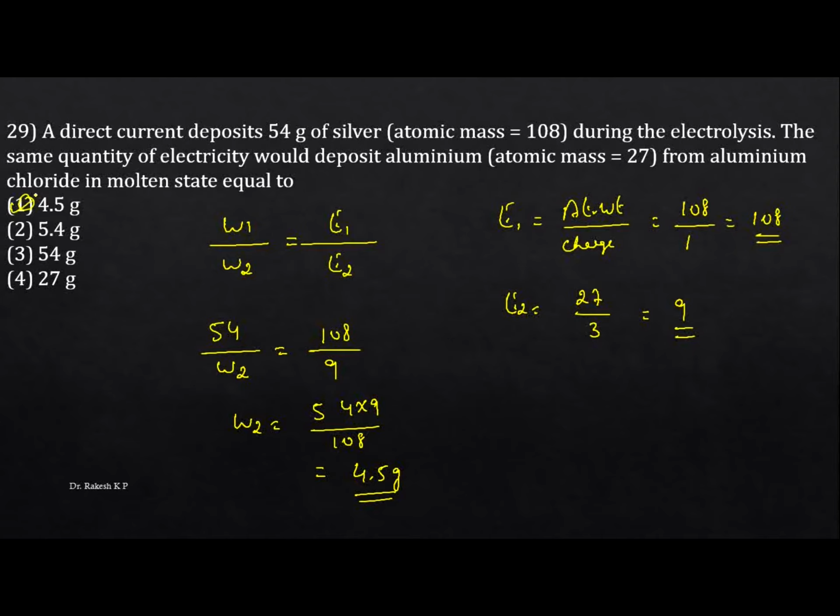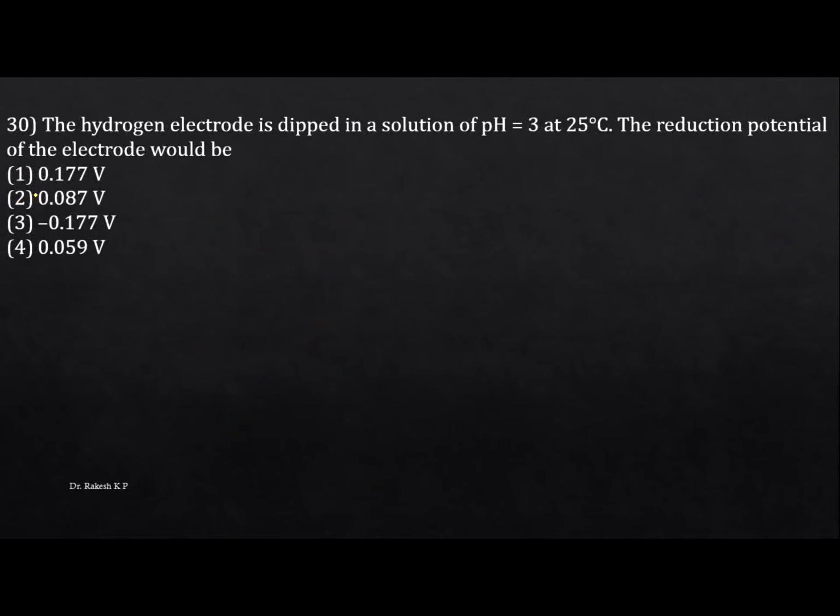Okay, so next question. The hydrogen electrode is dipped in a solution of pH equal to 3 at 25 degrees Celsius. The reduction potential of the electrode would be. So now let me take the reduction of H plus ion, which gives you H2.